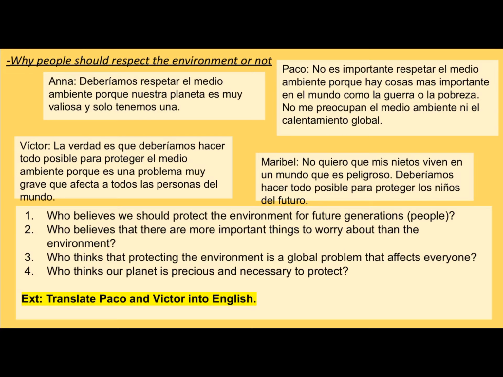No me preocupan el medio ambiente ni el calentamiento global." So what Paco is saying here, that there are more important things, that comparative is coming in again. So "hay cosas más importantes en el mundo como la guerra o la pobreza." Guerra meaning war and pobreza, poverty.